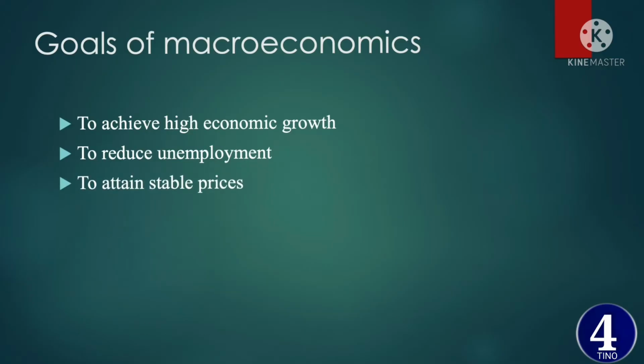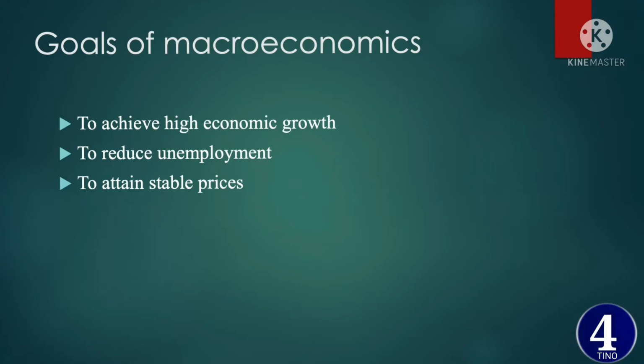The third goal of macroeconomics is to attain stable prices and reduce inflation. The price of goods and services throughout the economy must be stable in order to have a healthy economy. Maintaining a lower level of inflation is a similar and related goal.